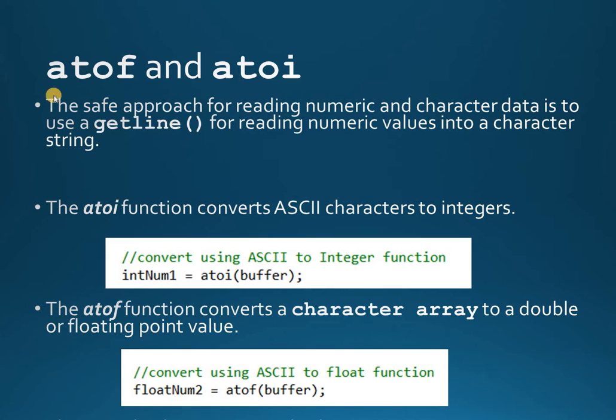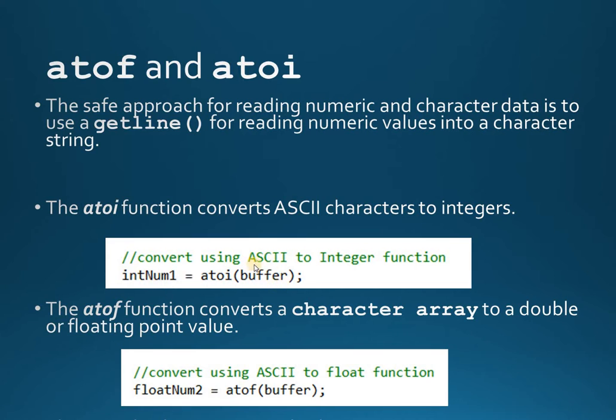So an alternative for reading numeric and character data is to use a getline and then convert it to a number.